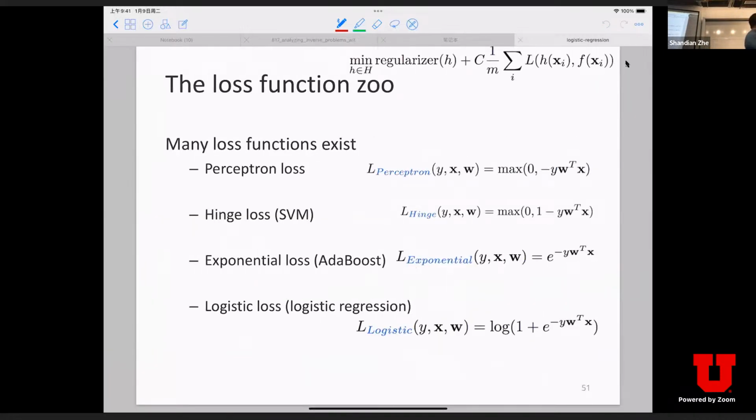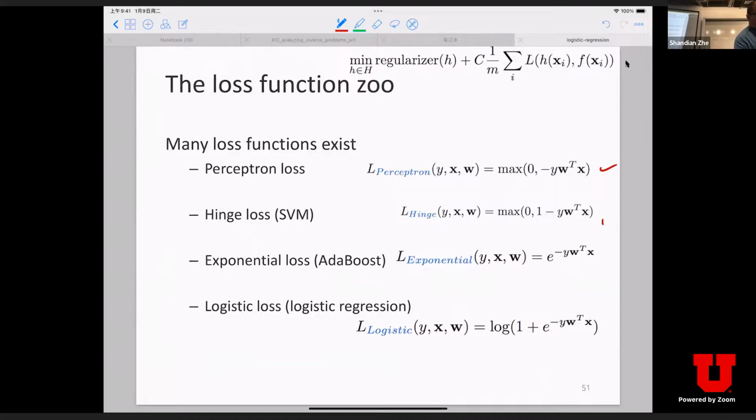So now we can list them. We have the perceptron loss. If you recall, although the perceptron is a mistake-driven algorithm, it can be viewed as minimizing a particular loss function, which is the maximum between 0 and minus y W transpose x.